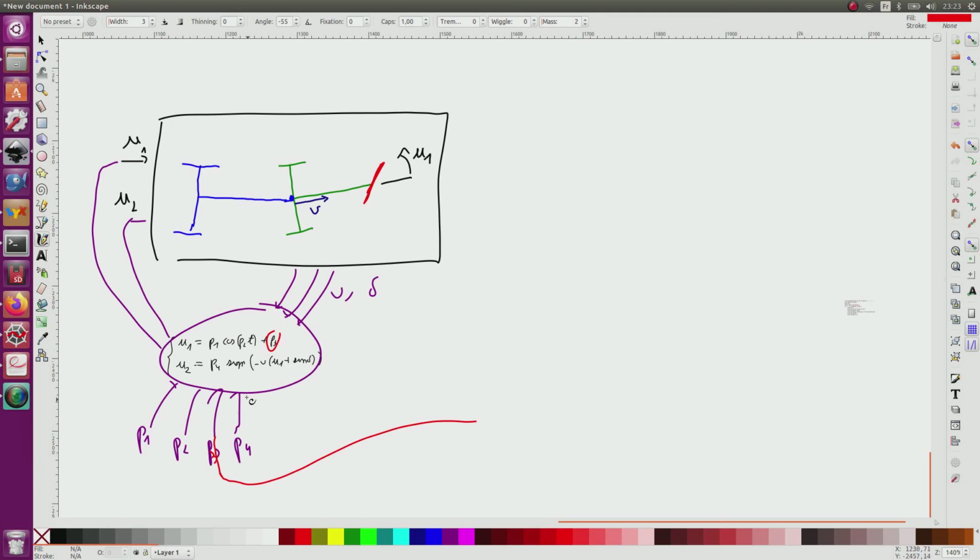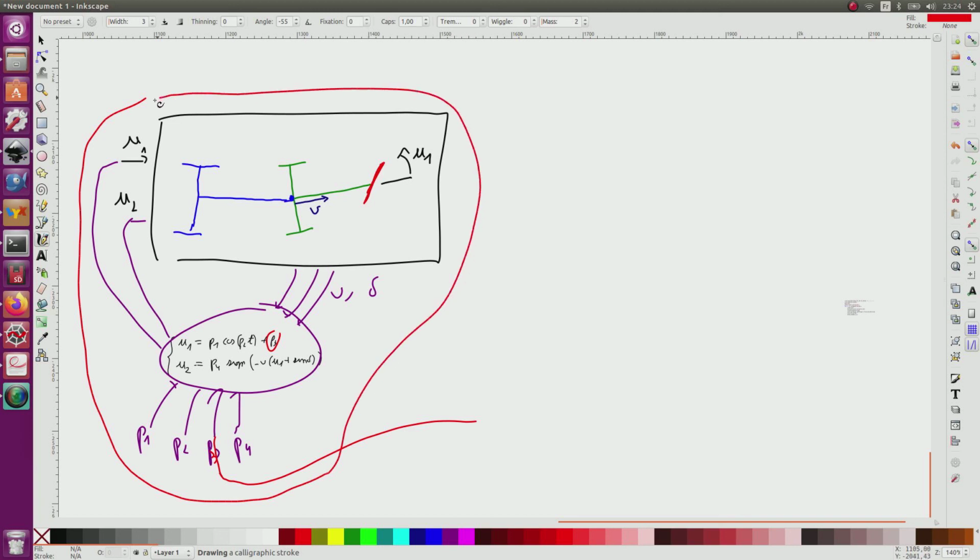If it is negative, I will turn right. I will consider this closed loop system, the input of which is P3. And I will add a controller here.